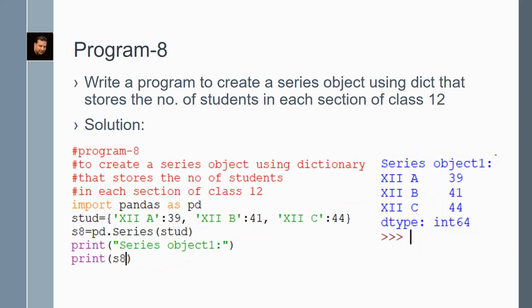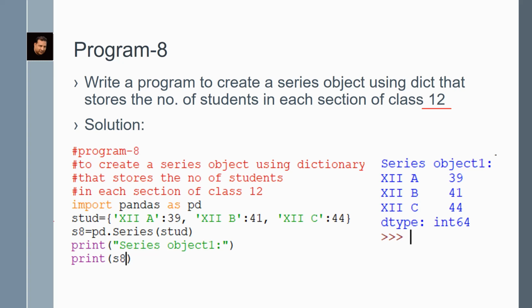Next, write a program to create a series object using dictionary that stores the number of students in each section of class 12. It means we have to create a series something like this: 12th A, 12th B, 12th C, having some number of students. So for this we need a dictionary. Let us see. Import pandas as pd.